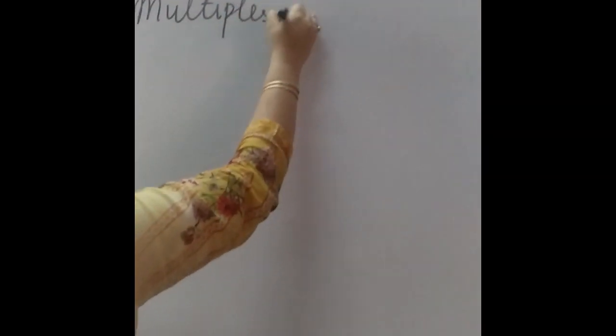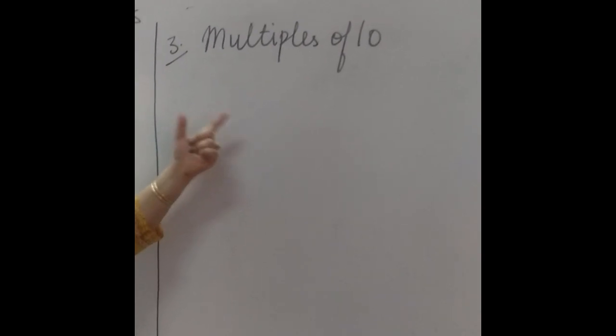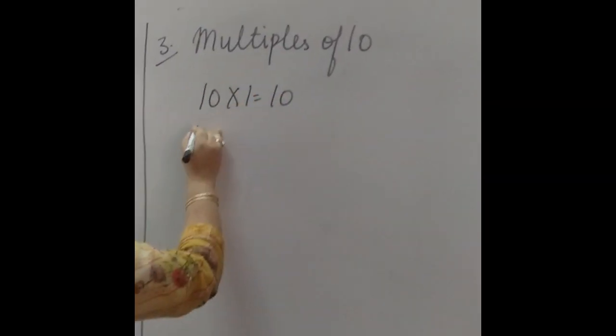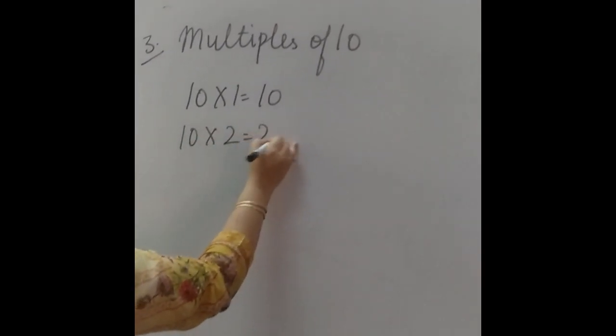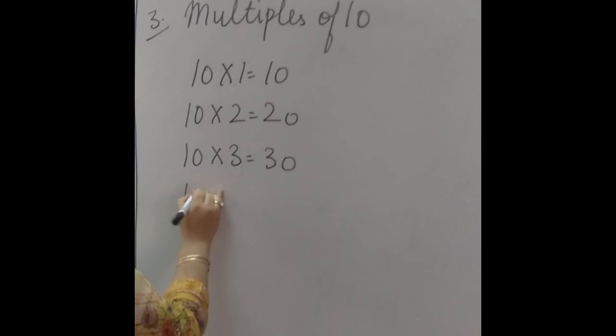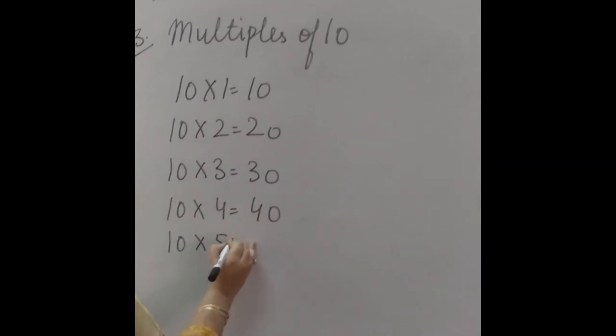Now the third example, let us have the multiples of 10. Now if it is said you have to find the first 5 multiples of 10, you are going to start multiplying with 1. That is 10 ones are 10, 10 twos are 20, 10 threes are 30, 10 fours are 40 and 10 fives are 50.